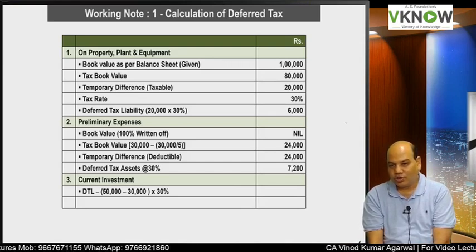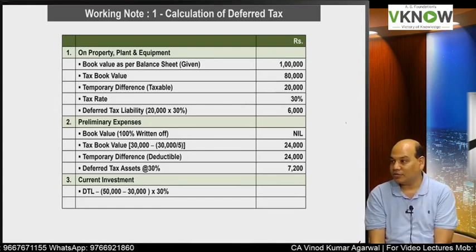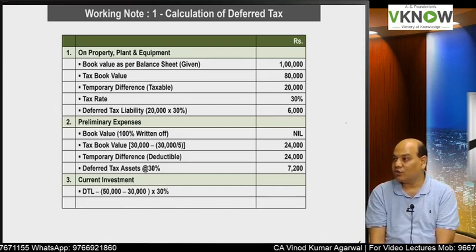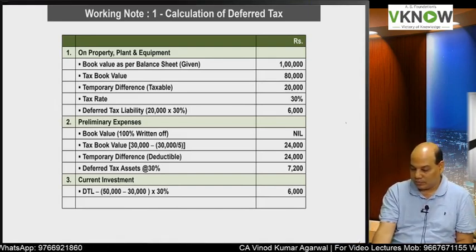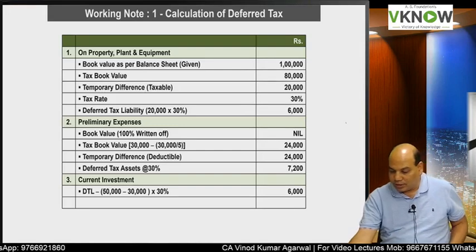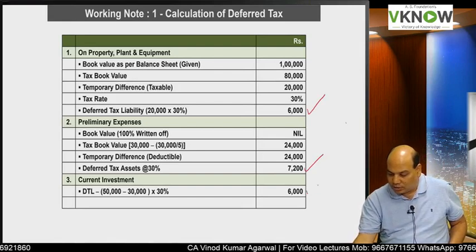So 20,000 you are increasing the profit in the books but not paying tax. You will pay tax in future when the investment is sold. So 6,000 DTL.